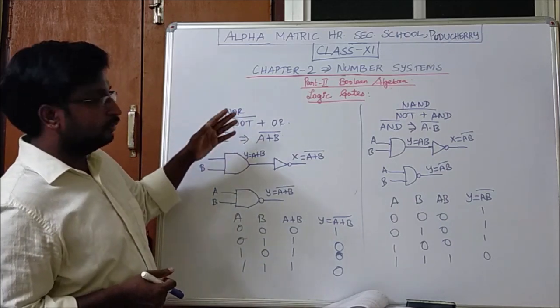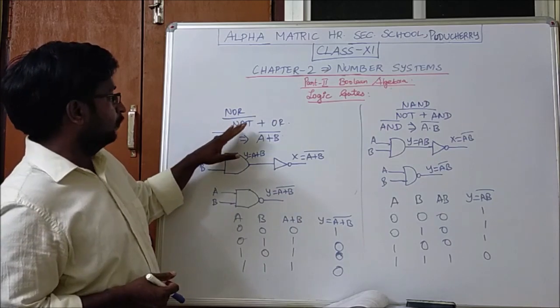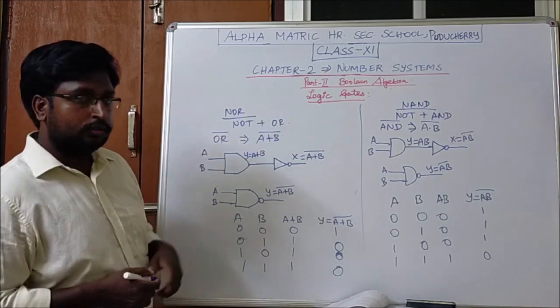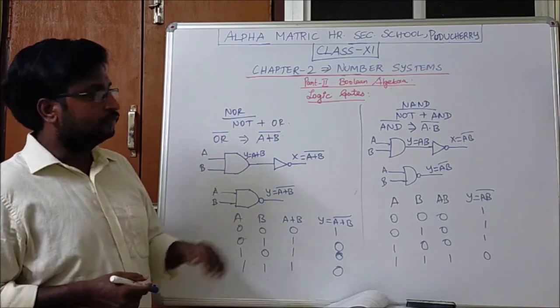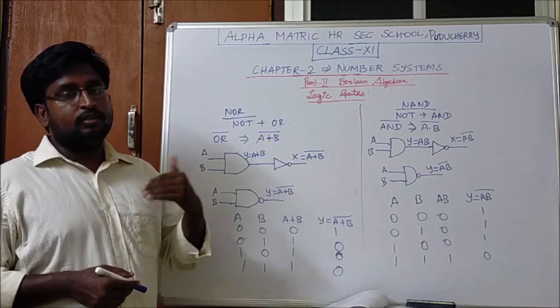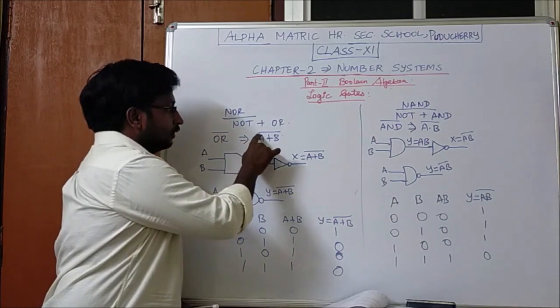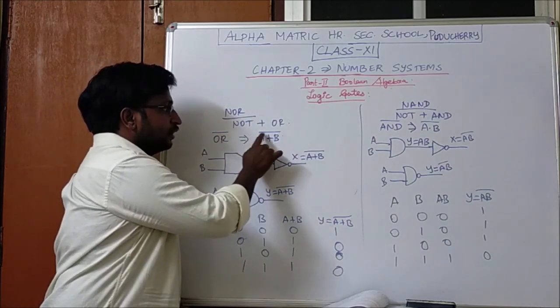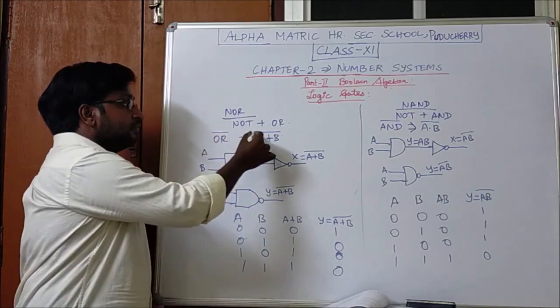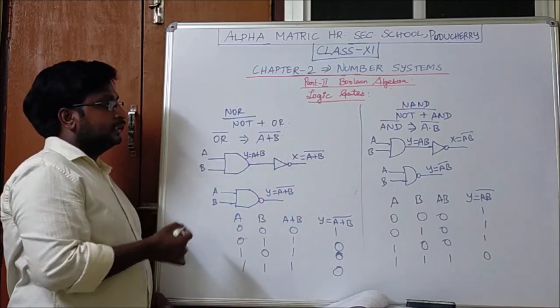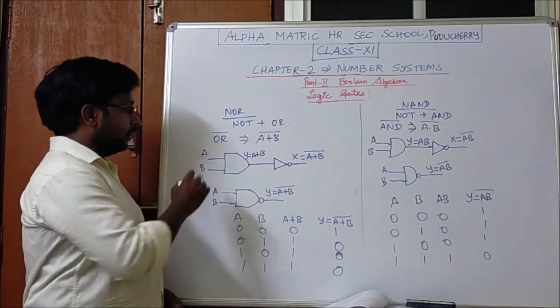It is a combination, and the same applies here. It is NOT plus OR. It is the inverse of OR. We can say inverse of A plus B. Here, after computing this OR, only then we have to invert. That is the main thing you have to keep in mind.